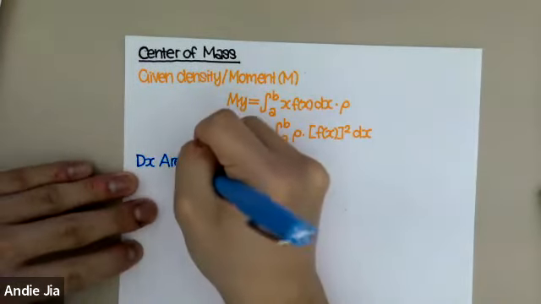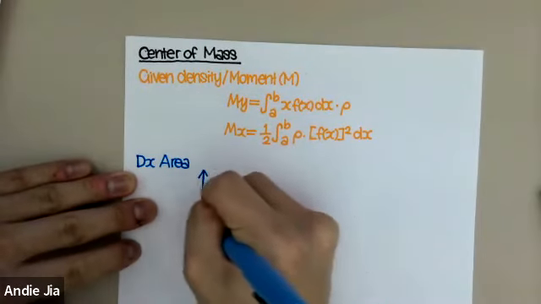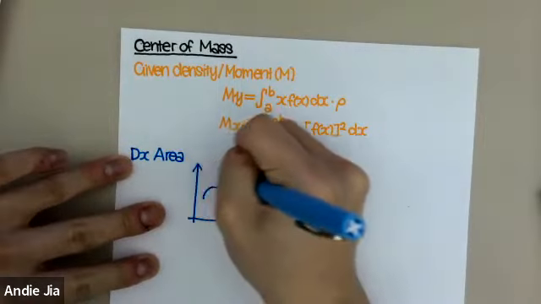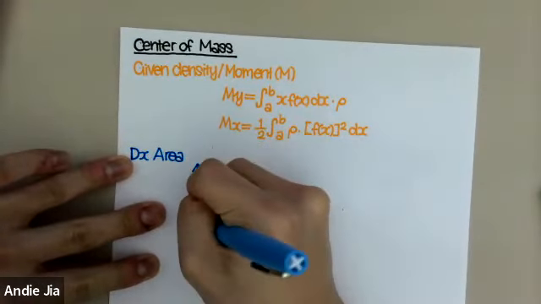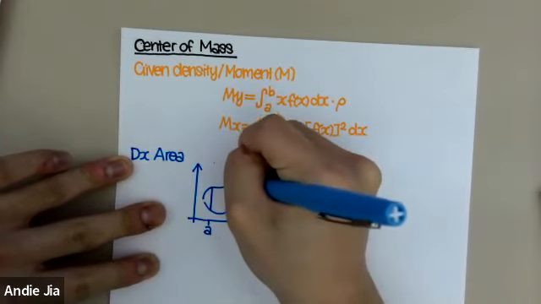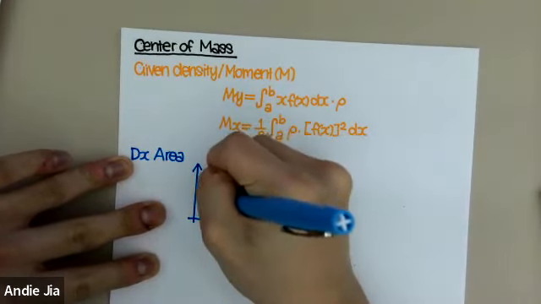For example, it's like this, A and B. You want to find the center of mass.